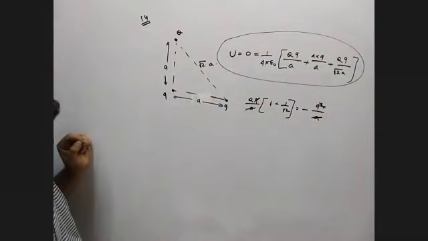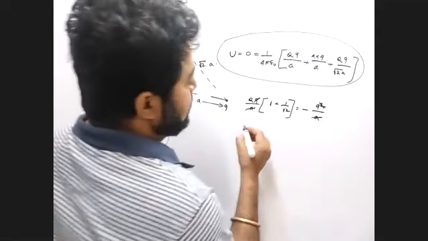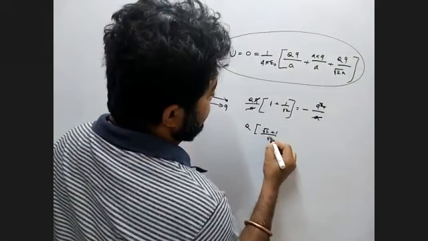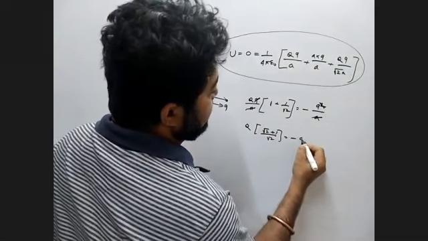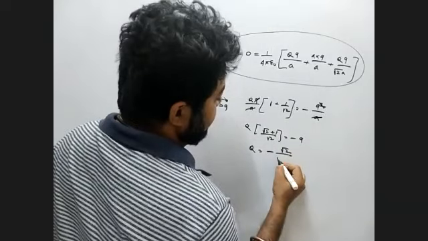Can we do that? Yes, sir. So if we do that, then Q times root 2 plus 1 by root 2 equals minus Q. So this is my minus root 2 by this.